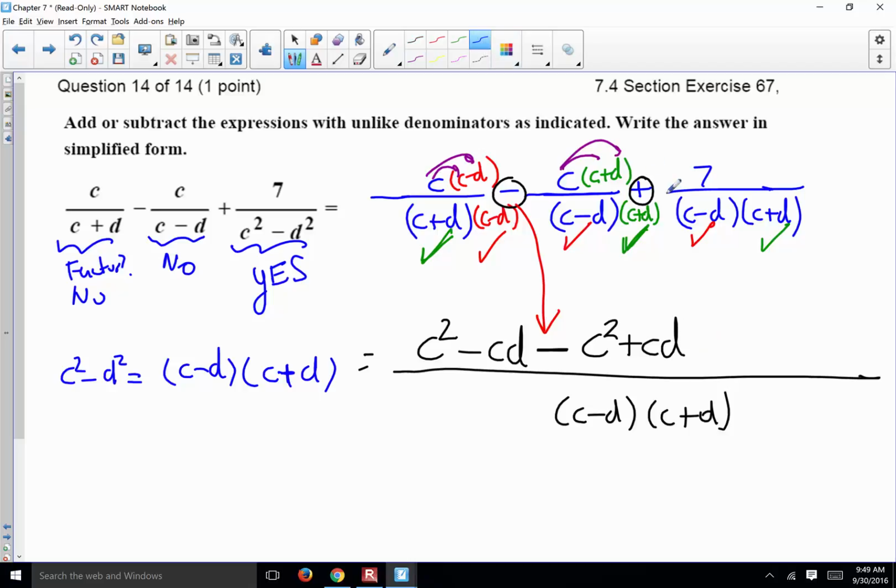And finally, I see plus. It needs to move here. And it's just plus 7. I have a very crucial mistake somewhere on the top. Where is that mistake?